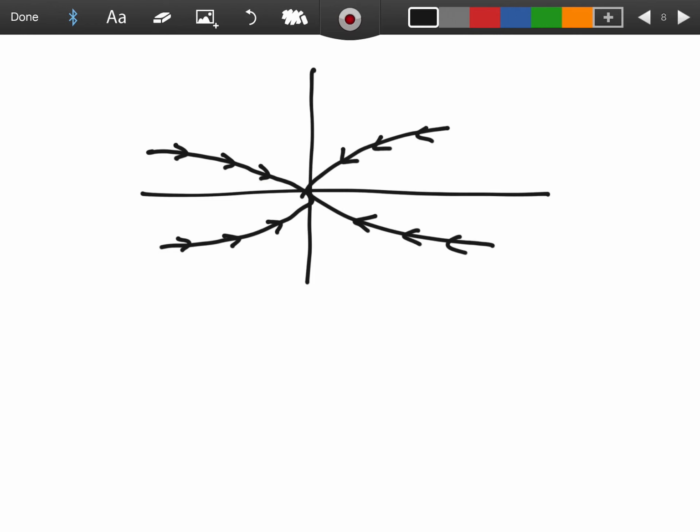Okay, so in all directions, you're going to 0. Okay, in both directions, dealing with 1, 0 and 0, 1, you're always going to 0. But in this direction and this direction, you're going to 0 faster than you are in this direction or this direction. Okay, so that's the difference in the diagrams.